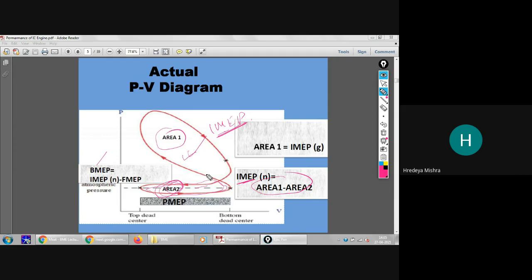This is your top dead center, this is your bottom dead center, like the previous one, so there is no issue on that.